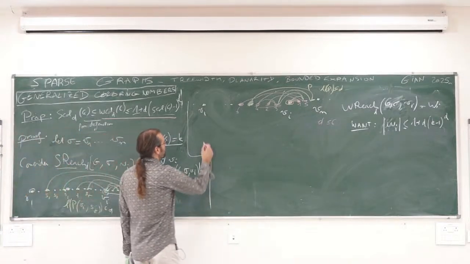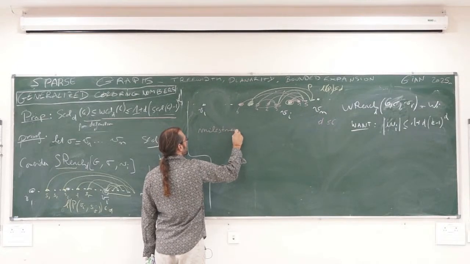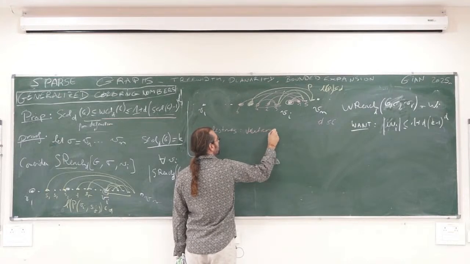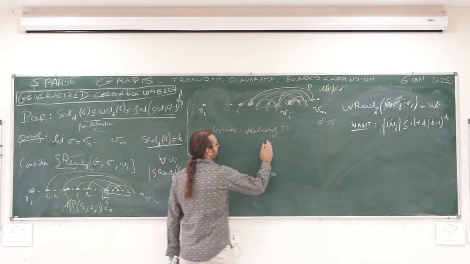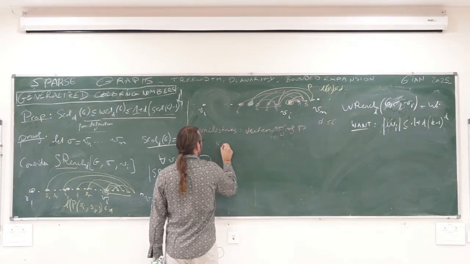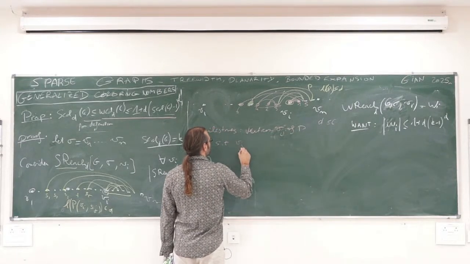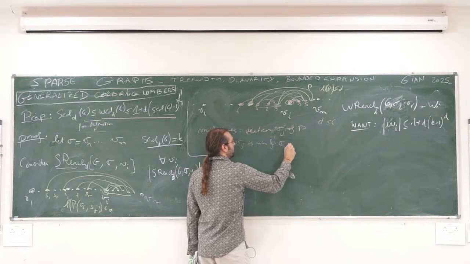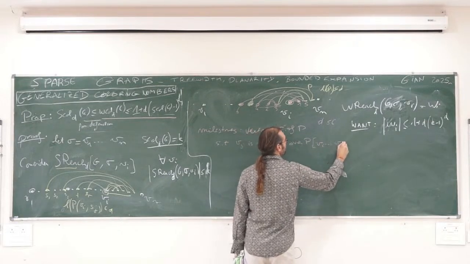So I will define a milestone. These are the vertices of P, let's say the j-th vertex of P, such that vj is the minimum of sigma over the sub-path when I start at vi and I arrive at vj.